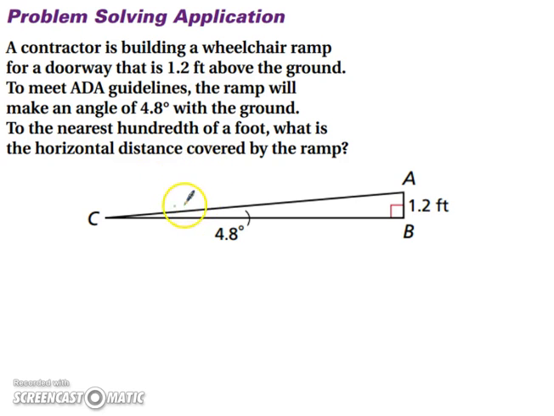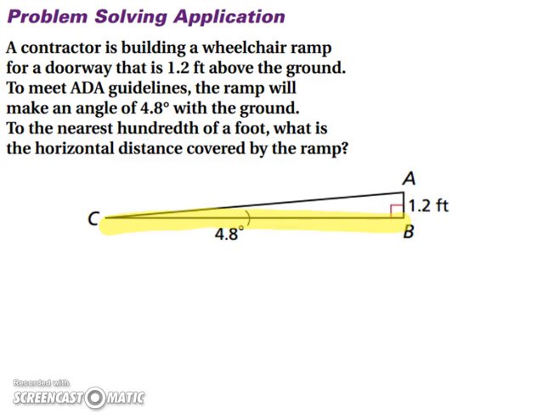Well, the only measurements that we are missing are AC and CB. AC is not horizontal. CB is, so that is what it's asking for. Let's highlight to make sure that we grab the right information. So we want this bottom side here.